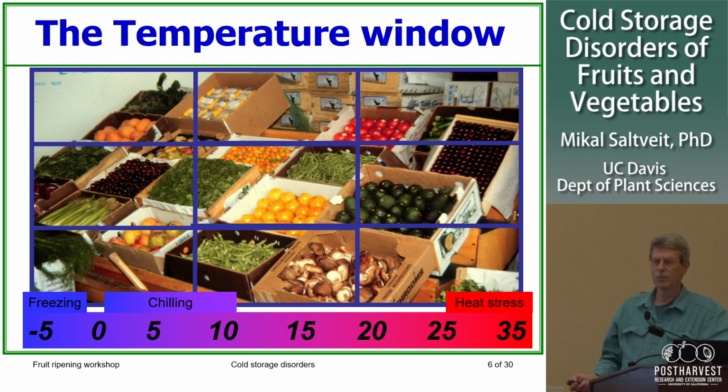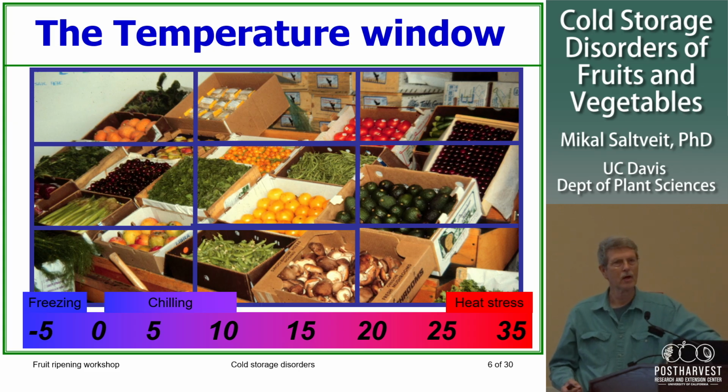We have our freezing injury, when things drop below 0 degrees Celsius and they freeze, or chilling injury, where the commodity is held at a lower temperature, and these are usually tropical and subtropical fruit, like tomatoes.